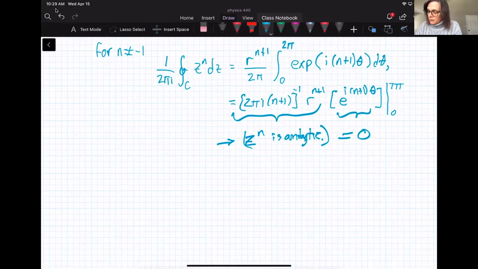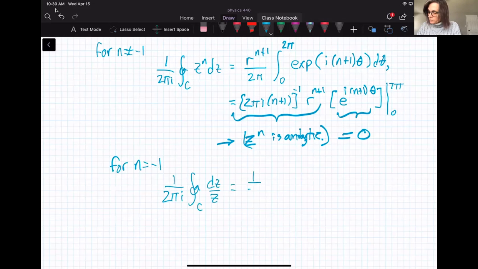Now, if we look at the case for n equals -1, we have 1 over 2 pi i times the integral around this contour of dz over z.